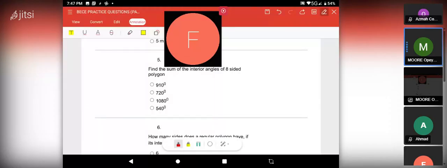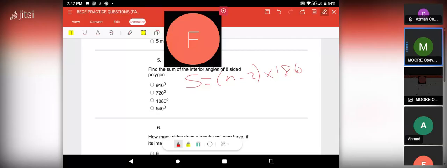So sum of interior angle has a formula. The answer is 1080. Sum is equal to n minus 2 multiplied by 180. What does n represent? The number of sides.